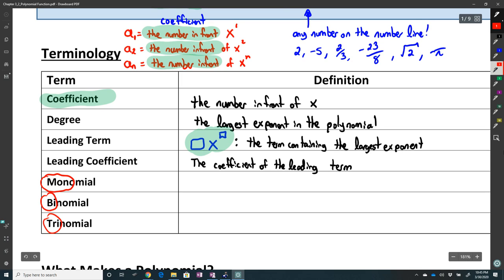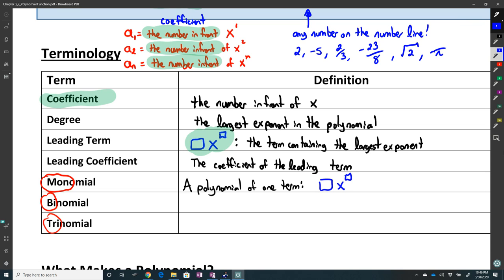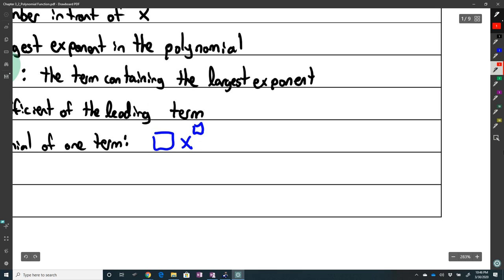Okay, so a monomial is just a polynomial of one term. That means that all it is literally just this, and that's it. There is nothing else being added or subtracted to it. So examples of this could possibly be 3x.